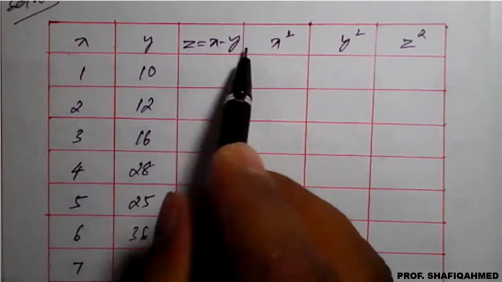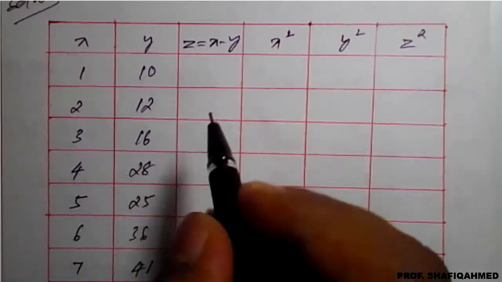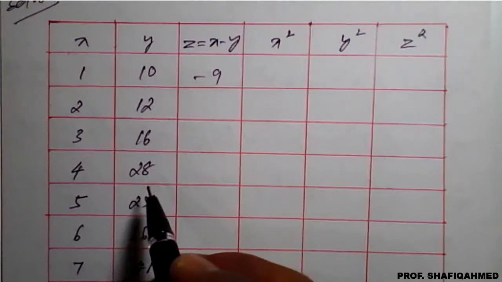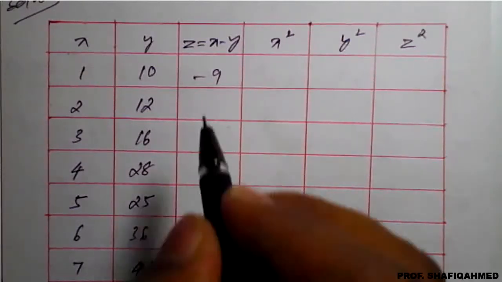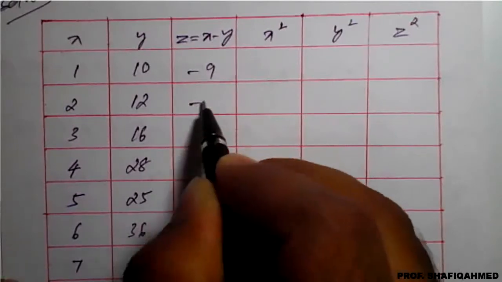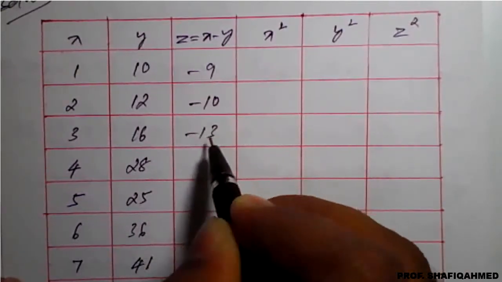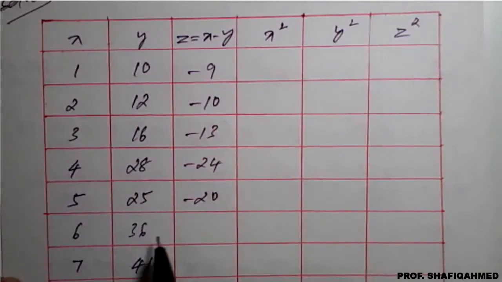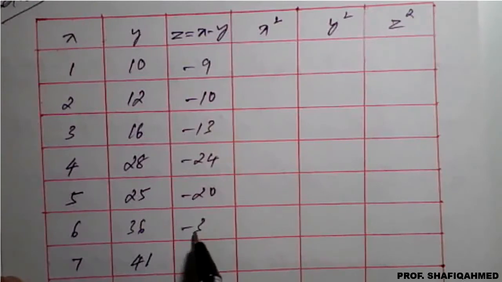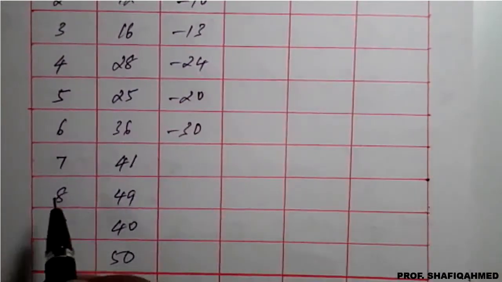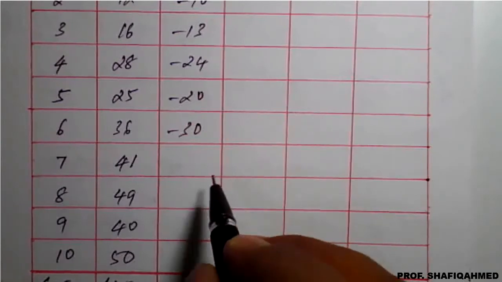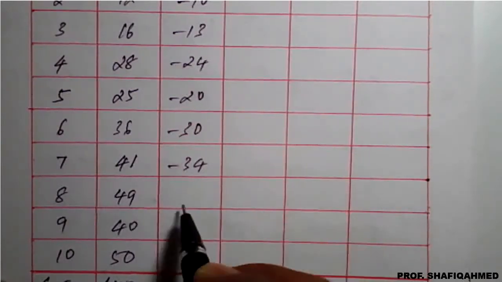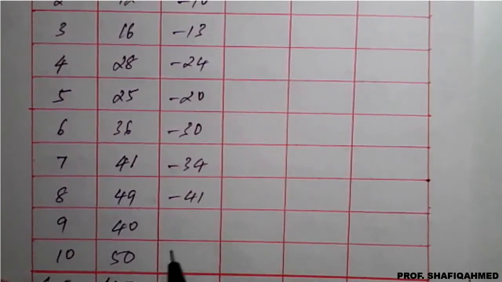So z is x minus y: 1 minus 10 is minus 9, then minus 10, minus 13, minus 24, then minus 20, 6 minus 36 is minus 30, then 7 minus 41 is minus 34, next is minus 41, 9 minus 40 is minus 31, and 10 minus 50 is minus 40.